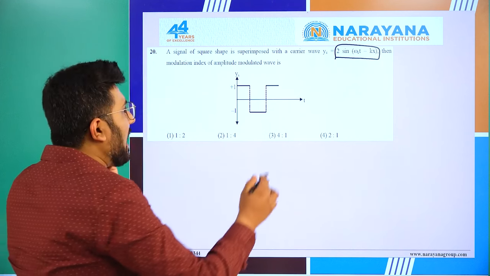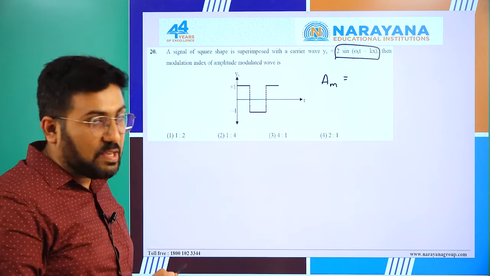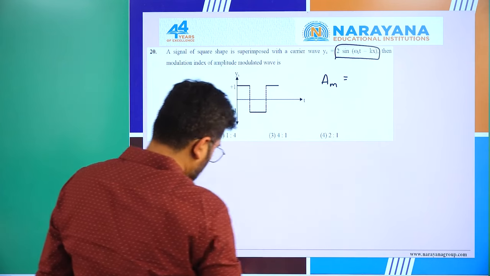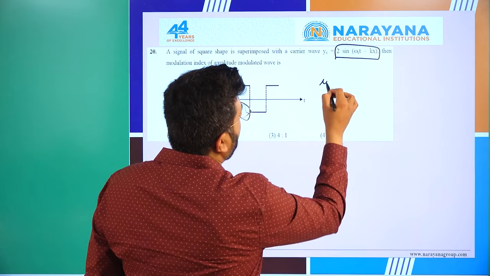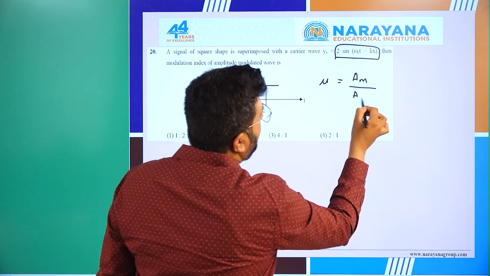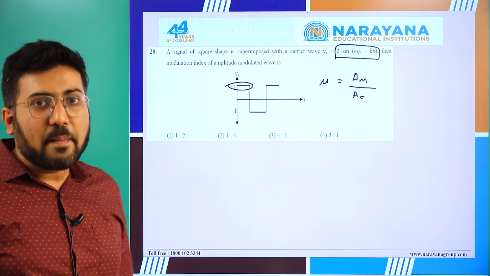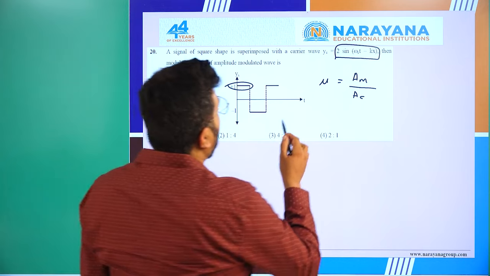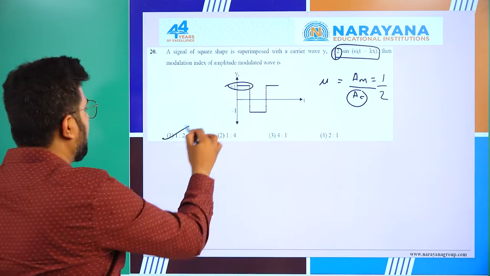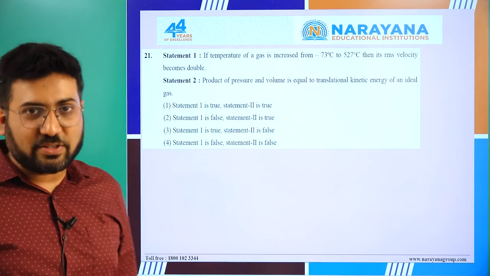Now you know that for the amplitude modulated wave, the modulation index mu is given by the amplitude of the message signal divided by the amplitude of the carrier wave, and from here I can clearly see the amplitude of the message signal is 1 and the amplitude of the carrier wave is 2. So the modulation index will be 1 by 2. Let's proceed to the next question.